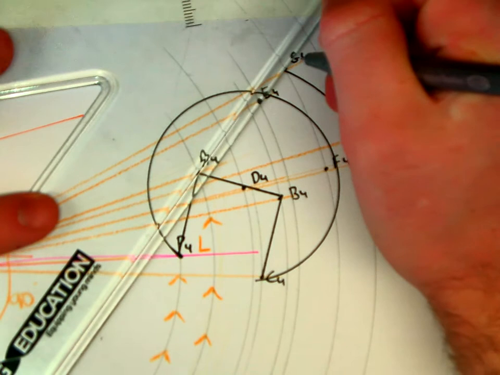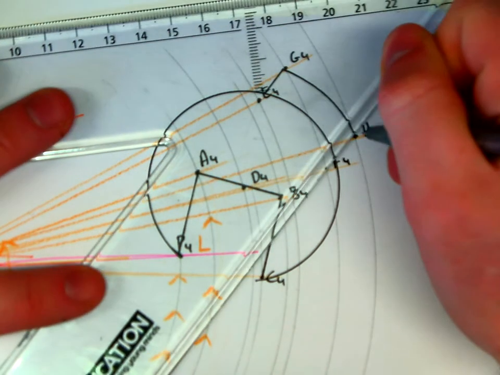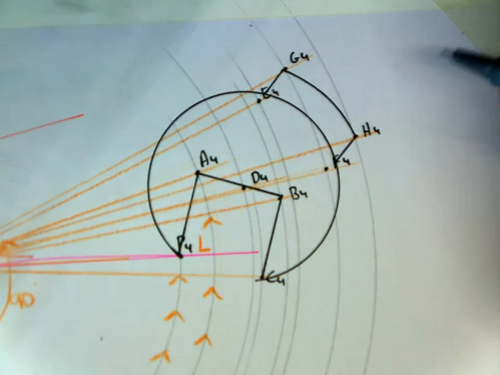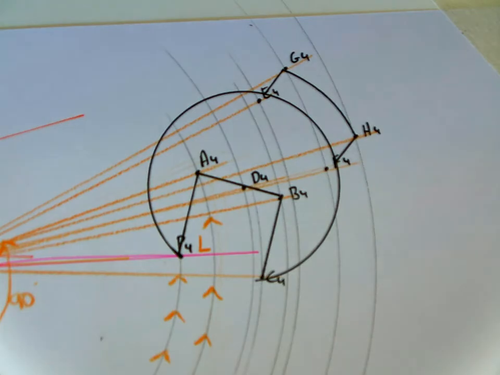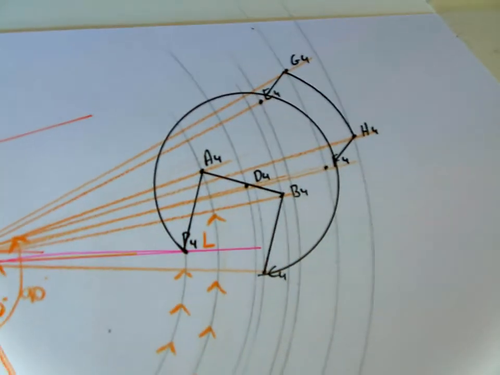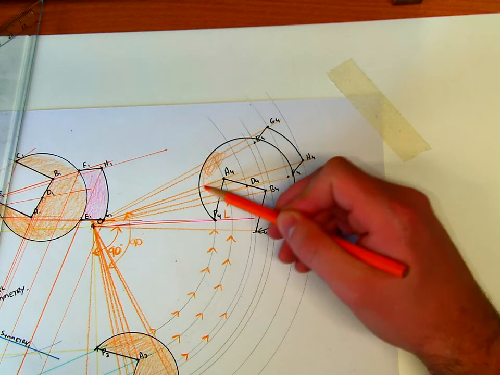Now you'll notice there that a couple of my points are about a millimeter off, maybe two. So that's just a small bit of inaccuracy with the rotation, but you can see that the profile looks right. So finally, just going to shade in this last part here.